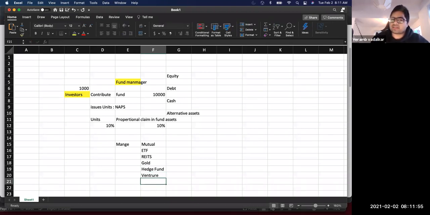Hedge funds generally have fewer regulations than mutual funds and other products, and venture funds generally invest in private or startup companies. In this class, we are going to discuss mutual funds and ETFs. In the next week, we'll go on to all of this. Okay, so let's start.